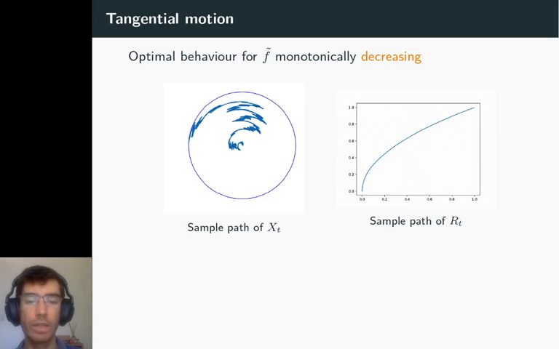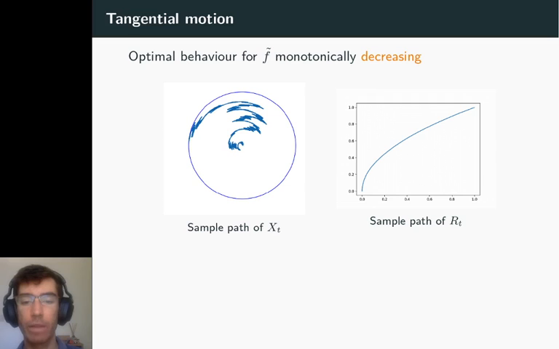So you can see here on the left a sample path of some martingale x that achieves this, and the way that this martingale behaves is that at any point we're moving on a tangent to the current position, which has the effect of pushing the martingale out towards the boundary while maintaining the martingale property.